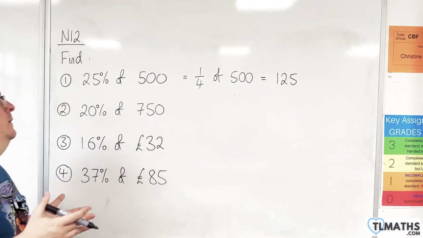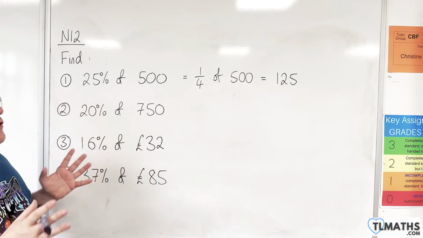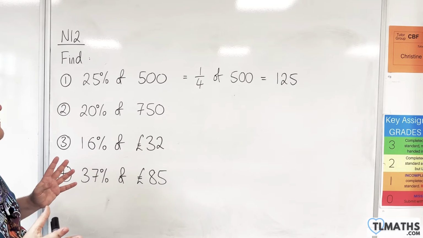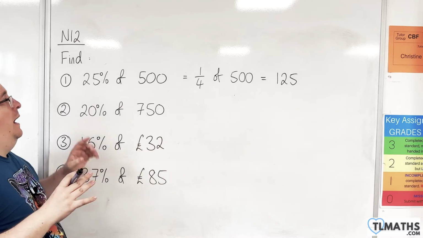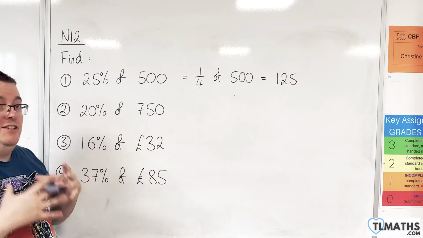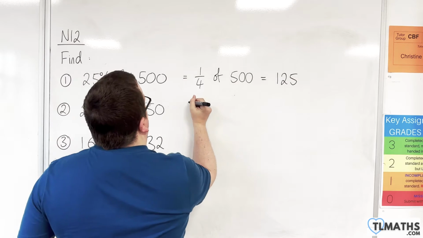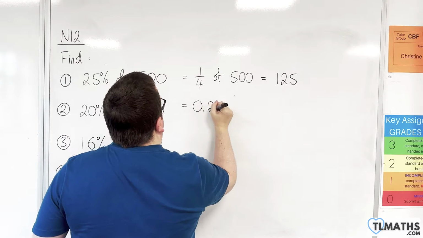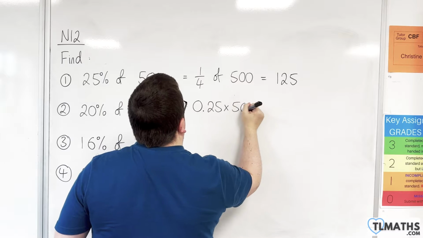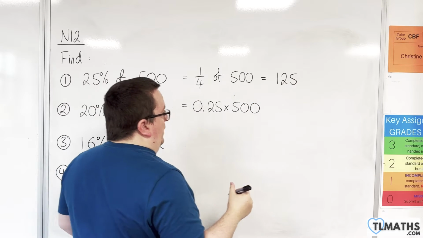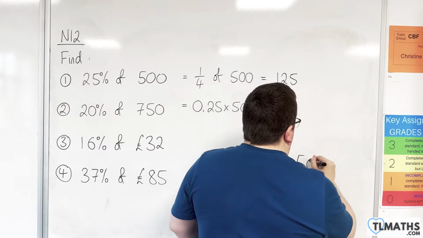Okay? So other possible methods that you might have used for this would be thinking 25% is 0.25 and doing 0.25 times by 500. So a little bit of long multiplication here.